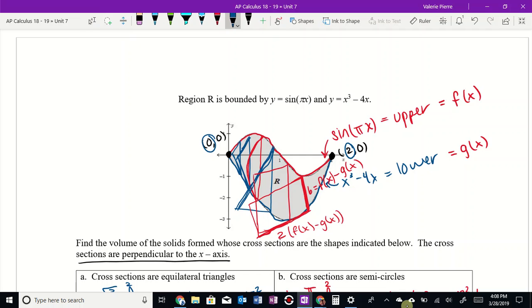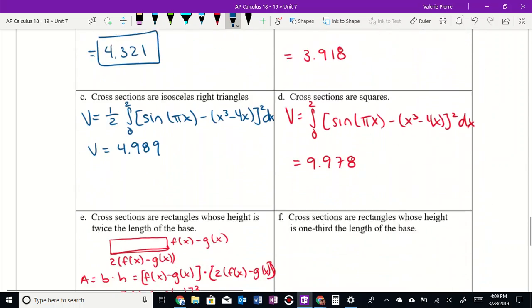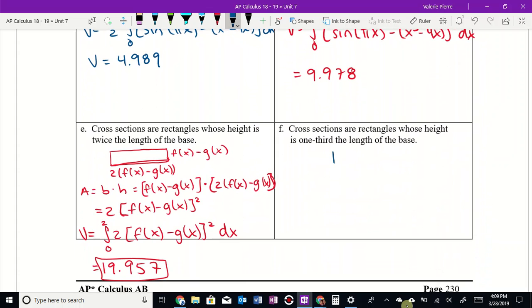So now I want a cross section that's a rectangle, and the height is going to be 1/3 of the base. So this is going to be a smaller rectangle. So if I draw this as my base, it's not completely drawn to scale, of course. So my height is going to be a smaller piece.